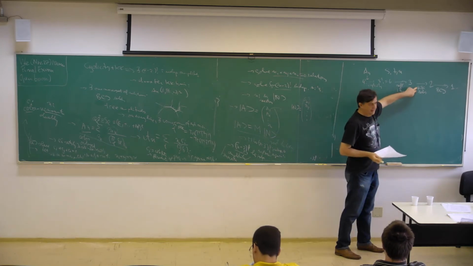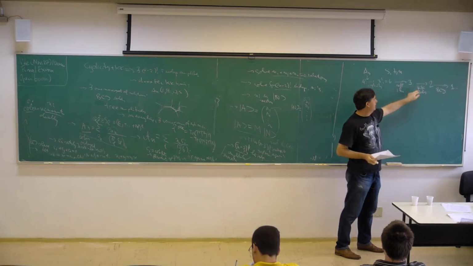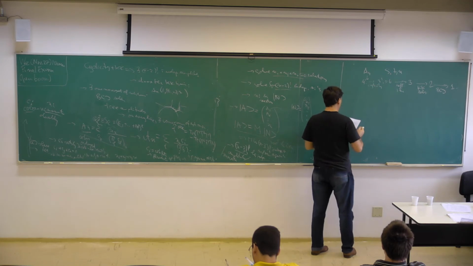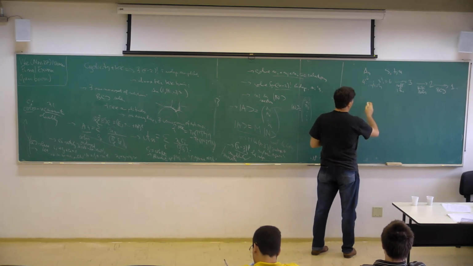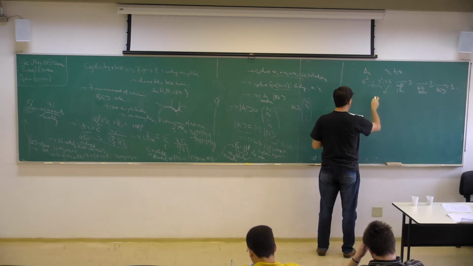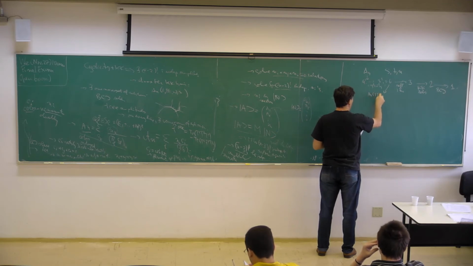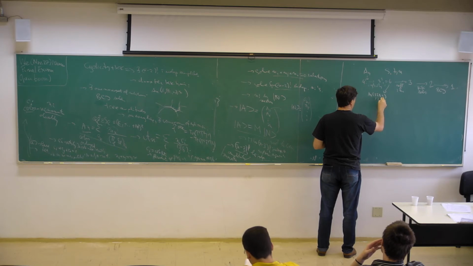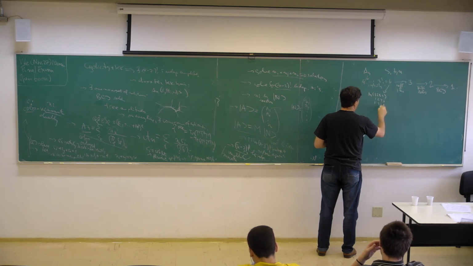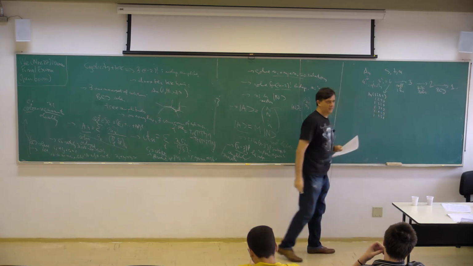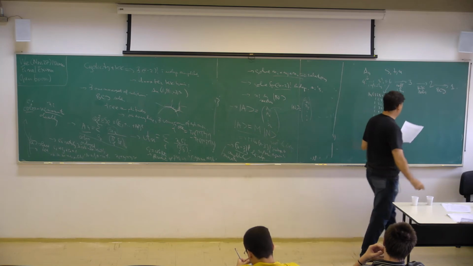So let's see that all of the KK relations in fact reduce to 1. The 6 amplitudes would be A4 of 1,2,3,4; 1,2,4,3; 1,3,2,4; 1,3,4,2; 1,4,2,3; 1,4,3,2, right? This would be the 6 amplitudes.